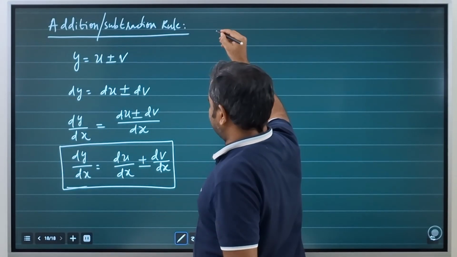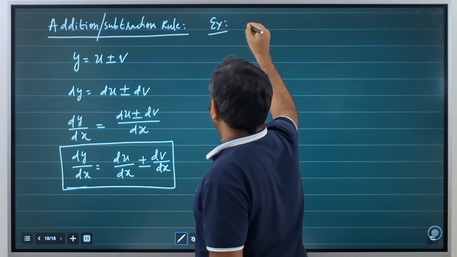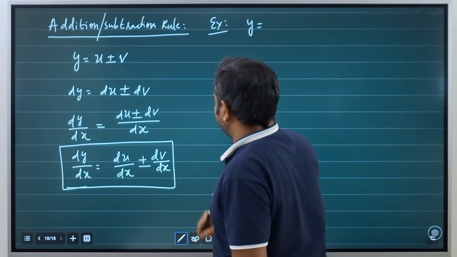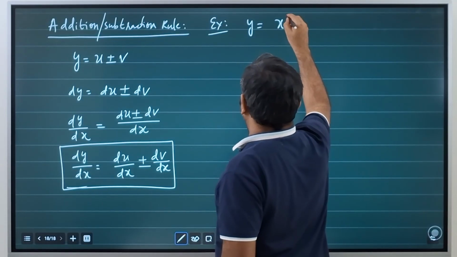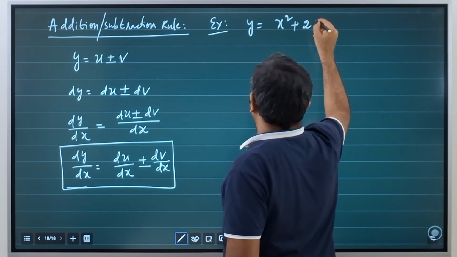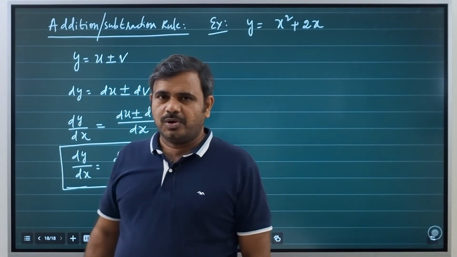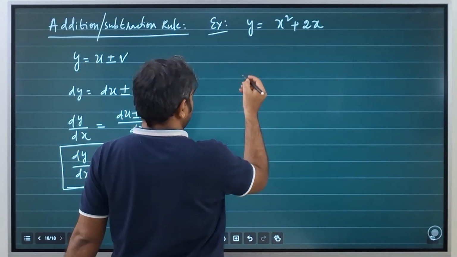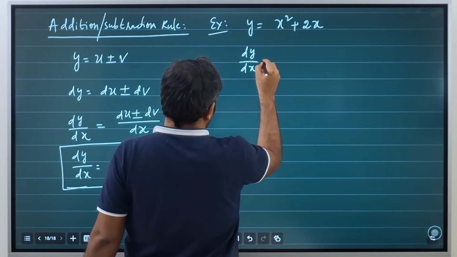Let me discuss one simple example. Let's take y is equal to x square plus 2x. We want to calculate dy by dx.